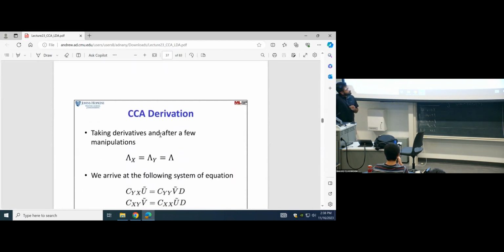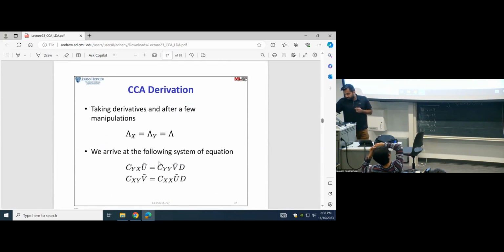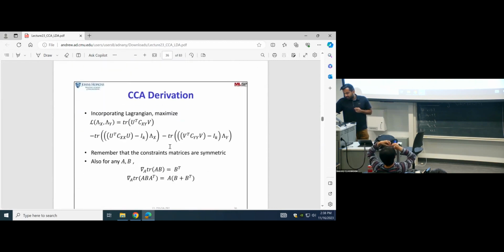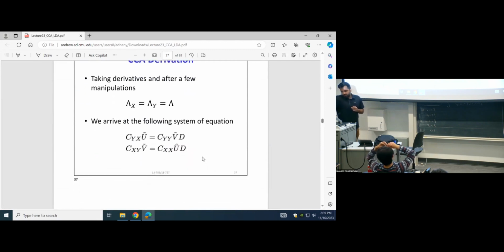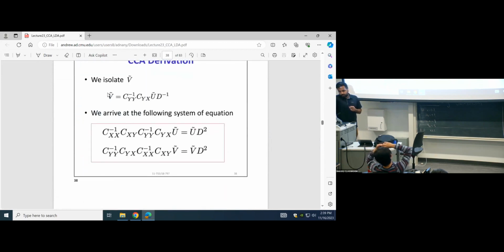Okay, now this is a tricky part. Taking derivatives, after a few manipulations, you will get these two equations. If you look at here, think about what it's doing. I'm going from X to Y, then back to X. That's what this one is doing.